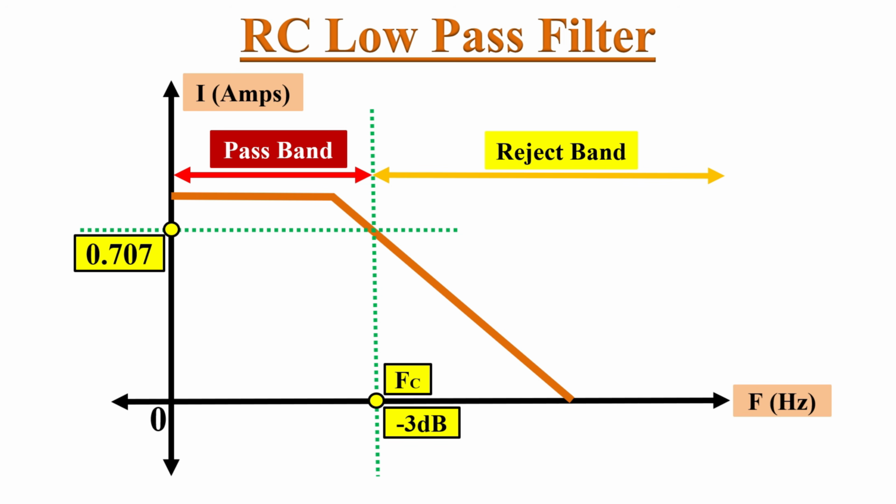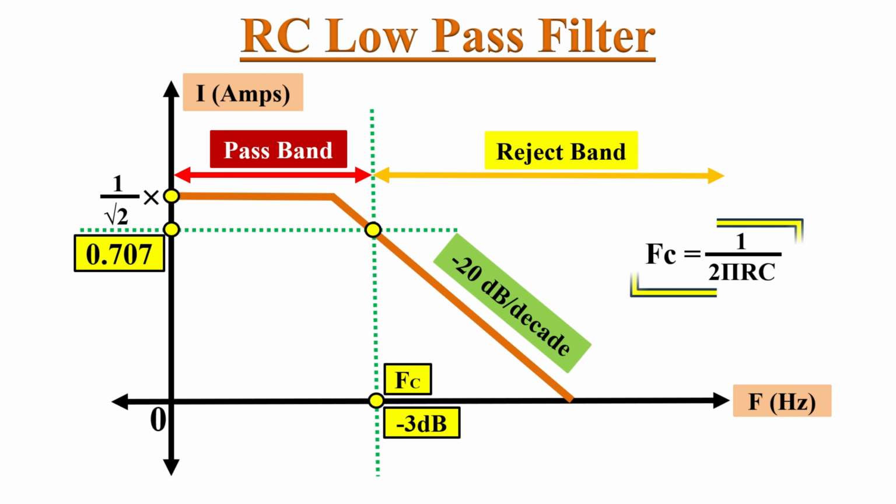At this frequency, the output will be 1 by root 2 times the maximum output value, and after this cutoff frequency, the output will reduce at the rate of minus 20 dB per decade. That means if you increase the frequency 10 times, the output will reduce by a factor of 10. Hence this cutoff frequency Fc can be given as 1 by 2 pi RC.